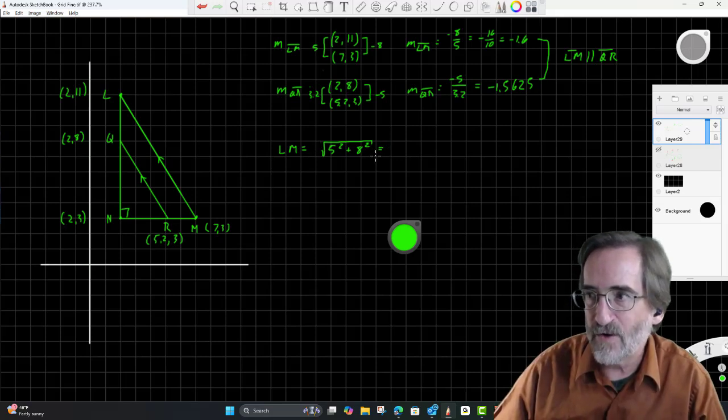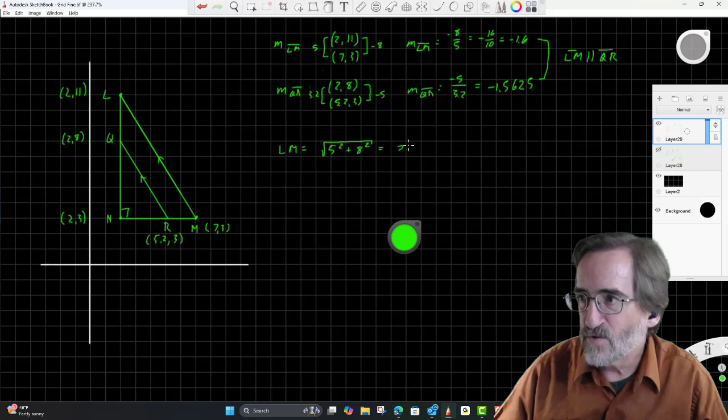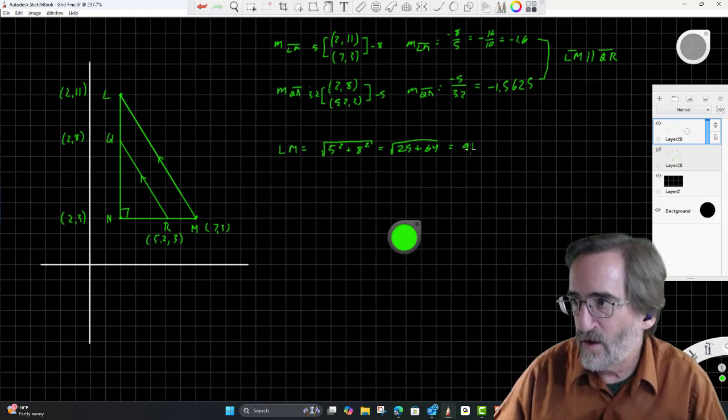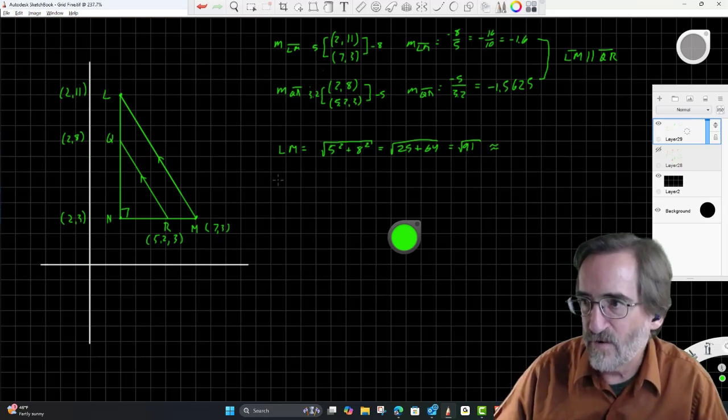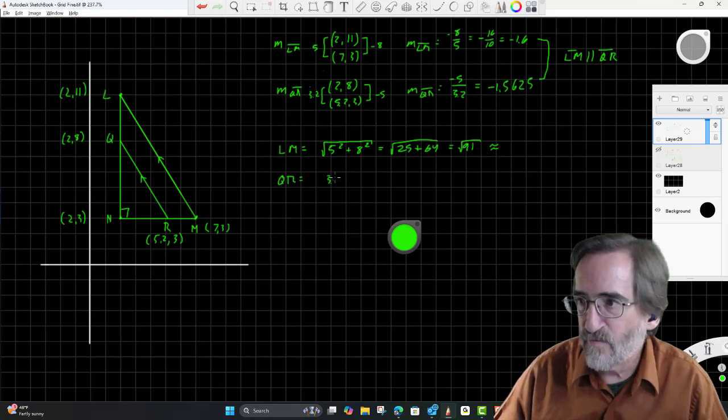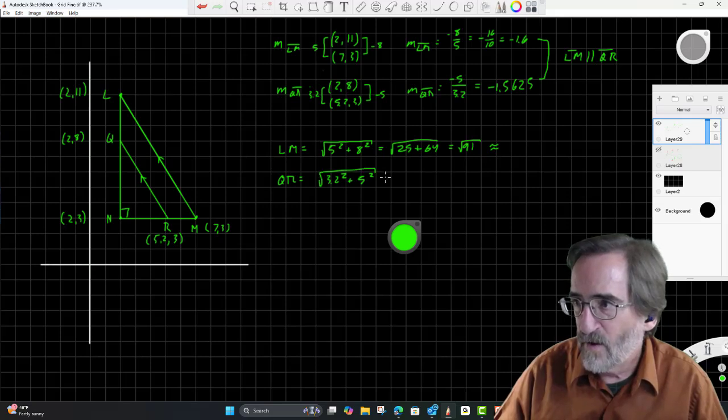We don't care what direction we ran, just how far. 5 squared is 25. 8 squared is 64. 25 and 64 is 89, which is approximately, and I'm going to save that for the calculator here in a moment, LM, because I'm going to do both problems at the same time on the calculator. QR is the distance between 3.2 squared plus negative 5 squared, or 5 squared. I'm just going to use the calculator to find that.